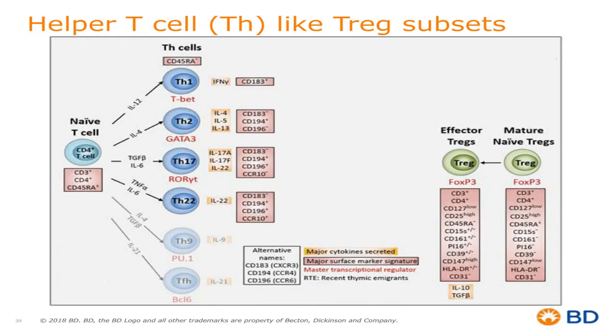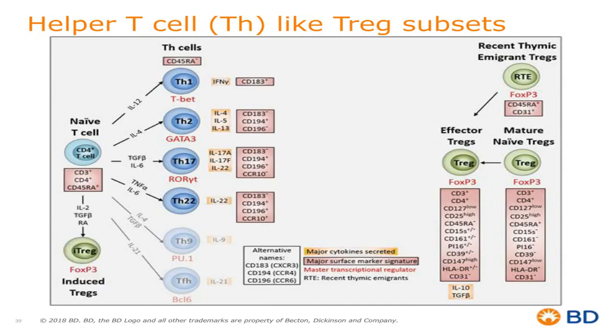For example, mature naive T regs start out CD45RA positive, and they go to CD45RA negative. CD15S, CD161 and PI16 all go up. CD147 goes up. You have HLA-DR expression. We're also able to look at our recent thymic emigrant T regulatory cells based off of CD31 expression.